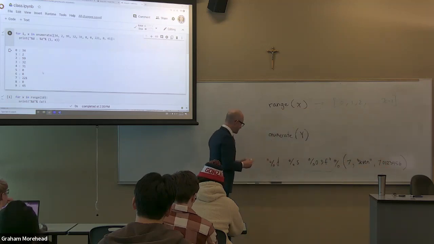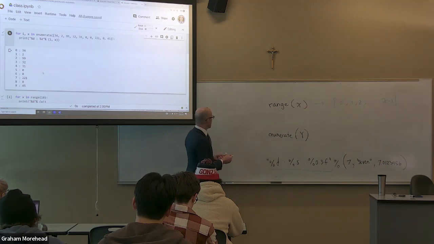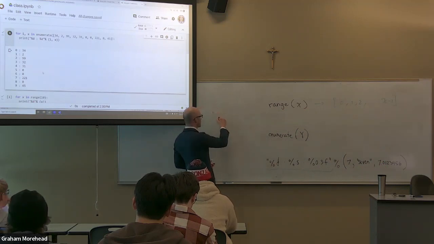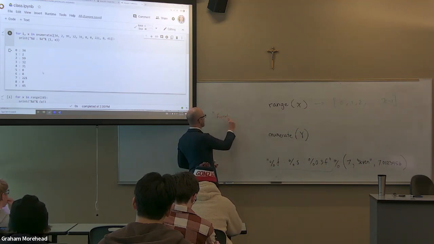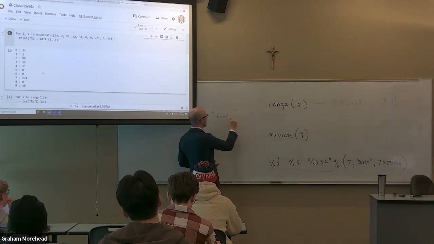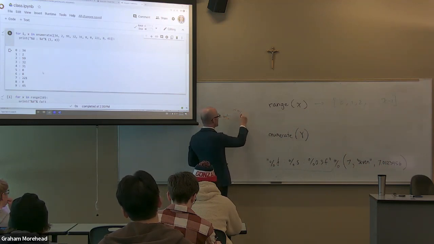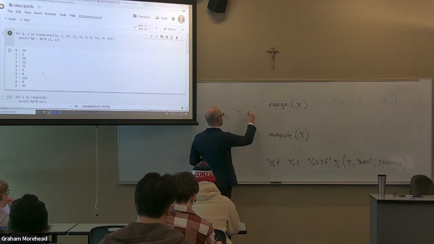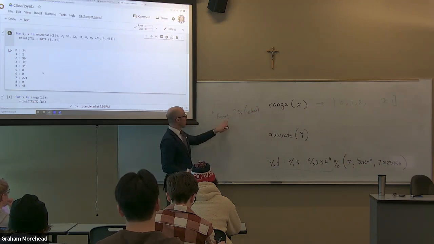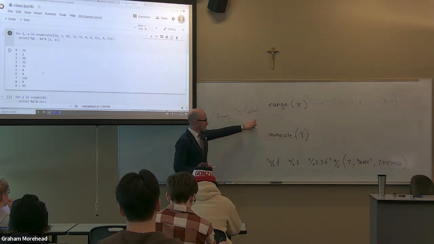And the way you write these statements is you'll have double quotes, you'll have some format stuff, then you'll have a percent sign, and then you'll have the values. So format, percent sign, values.